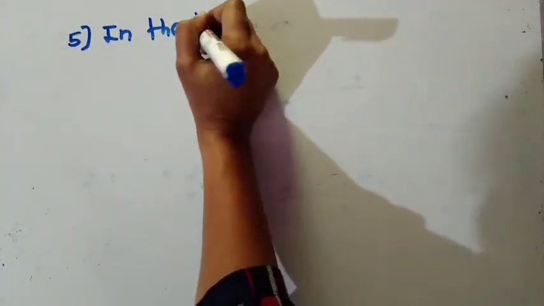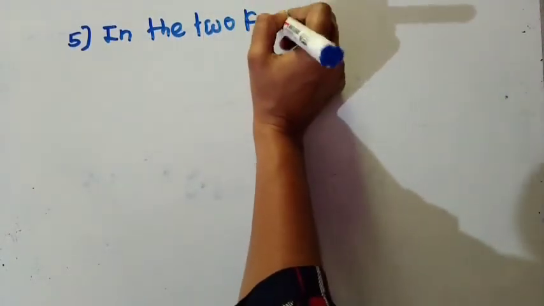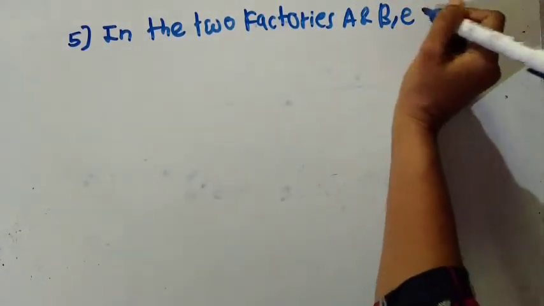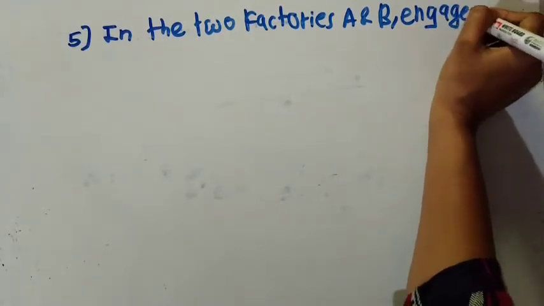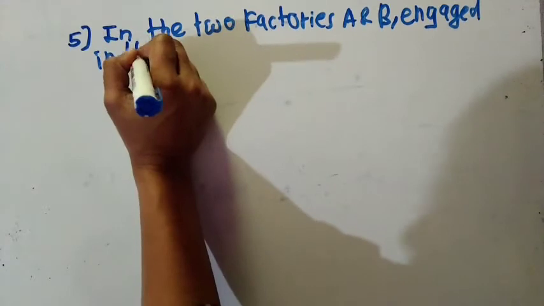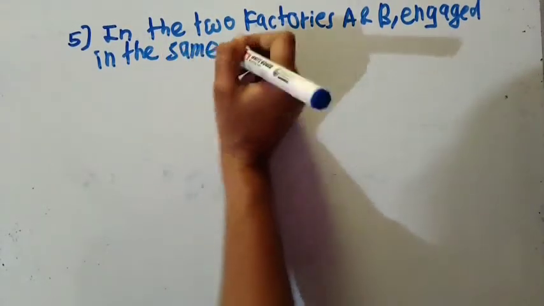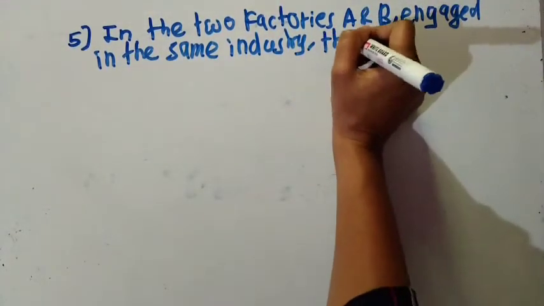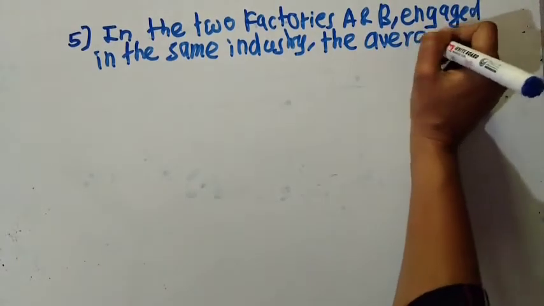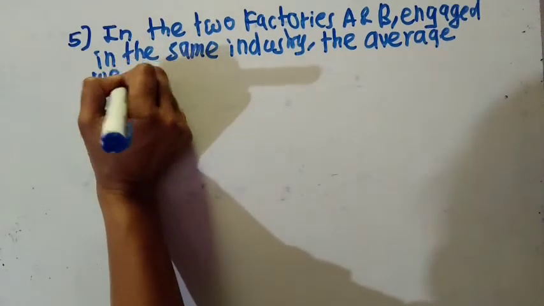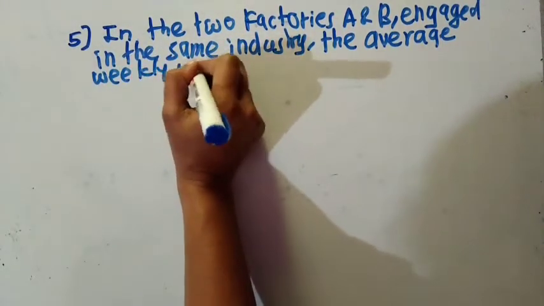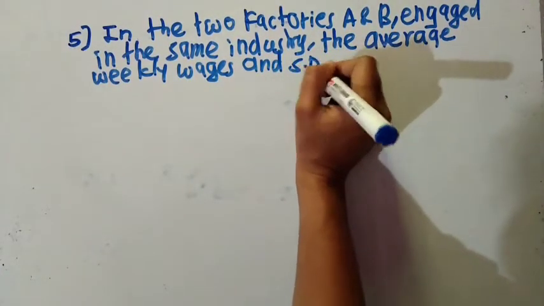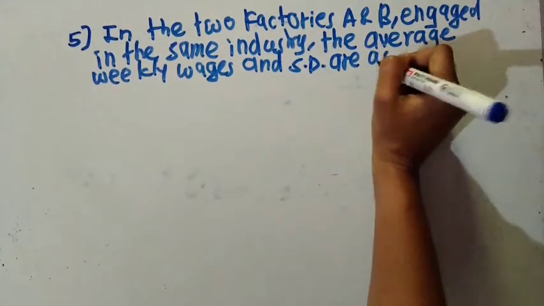In the two factories A and B engaged in the same industry, the average weekly wages and standard deviation are as follows.